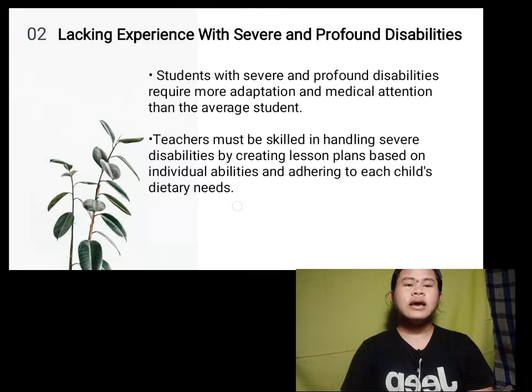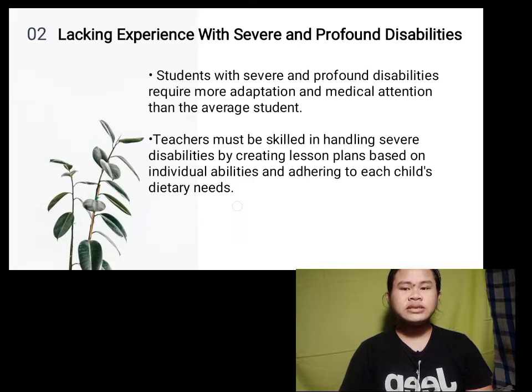When we say severe and profound disabilities, it is when a person has severe learning disabilities and other disabilities that significantly affect their ability to communicate or to move, like difficulties in seeing, hearing, speaking, and moving. Students with severe and profound disabilities require more adaptation and medical attention than the average student.